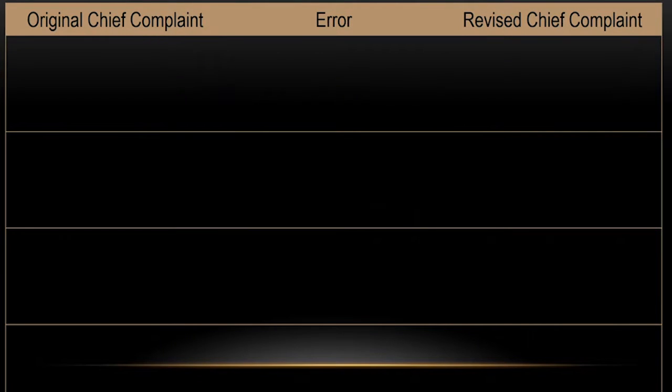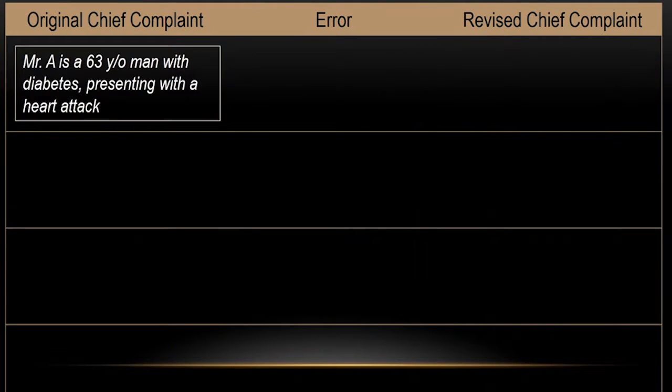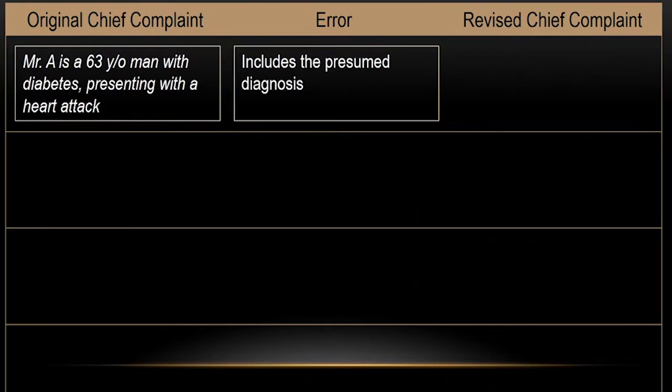Let me share with you some of the common errors that might happen while stating or taking this chief complaint. I'm going to display this for you, and try to think what's the error in it. What's wrong in this chief complaint? Mr. A is a 63-year-old man with diabetes presenting with a heart attack. What do you think the error is? Yes, you're perfectly right.